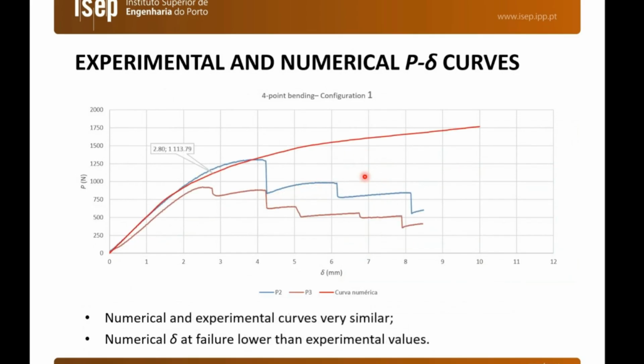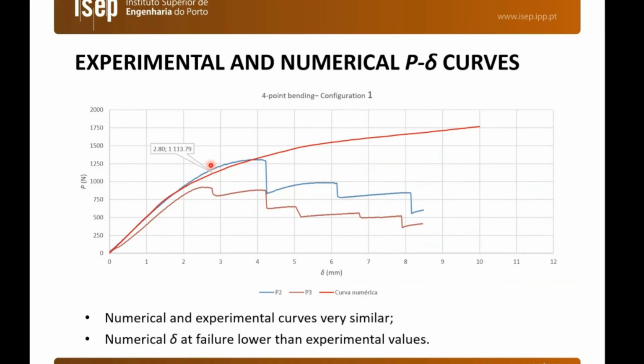And now going to the 4-point bending configuration. In configuration 1 for the skin, we also trigger initially the shear failure in the core, and here we have a numerical value that is in between the 2 predictions for the 2 specimens that we tested experimentally.